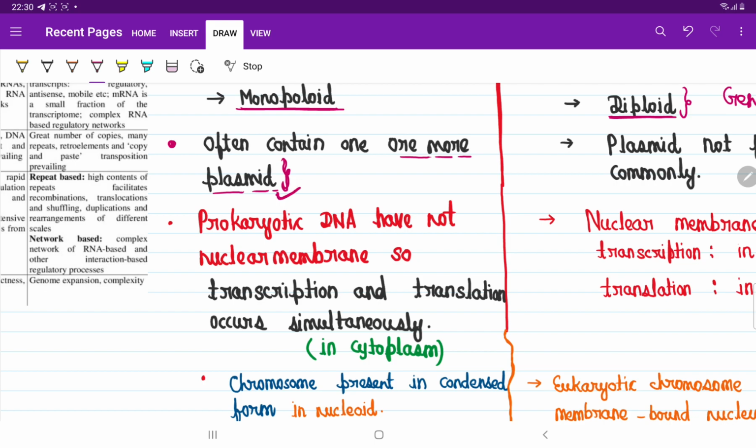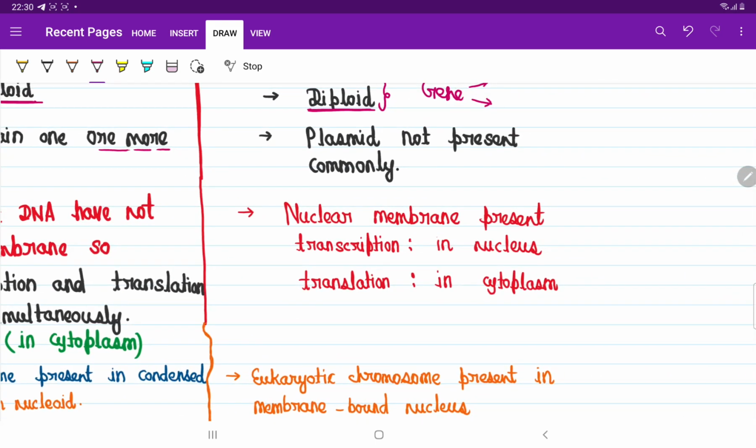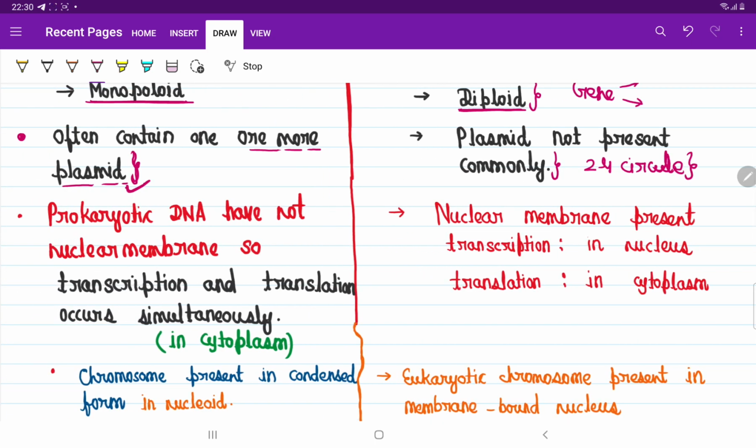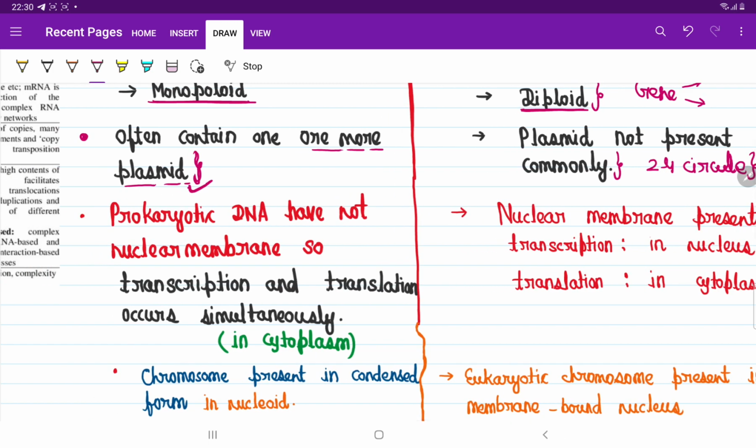But most of the time plasmid is absent in the eukaryotic cell. There are some exceptions, obviously, like the 2 mu circle, which is present in fungi. There are some exceptions, but eukaryotic cells generally don't have plasmids.